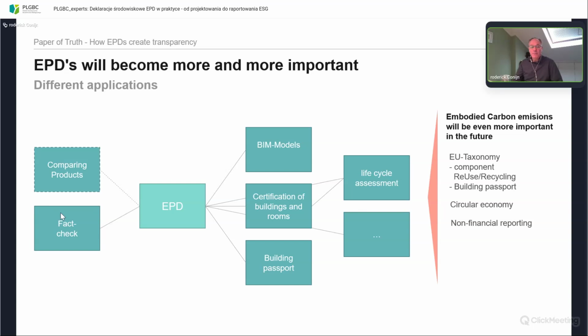So it can be used in BIM models, in certification schemes like BREEAM and LEED, but also as a building passport, because within an EPD it's always mentioned what kind of raw materials are used within the product. And of course, it's a life cycle assessment.